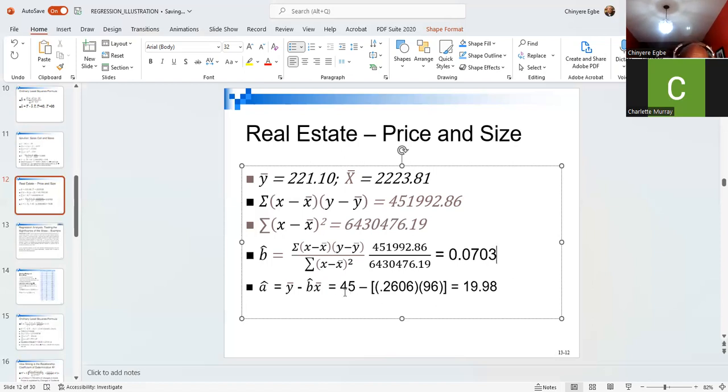So A hat will be y bar, which we have as 221.10, minus 0.0703 times x bar, which is 2223.81.